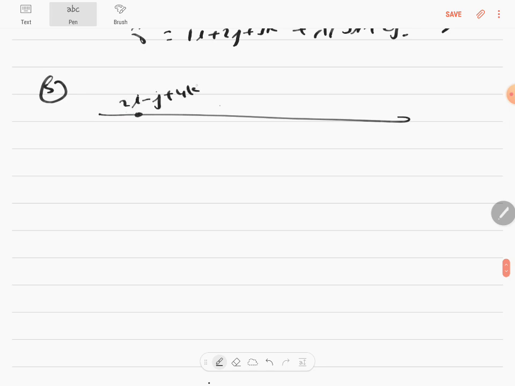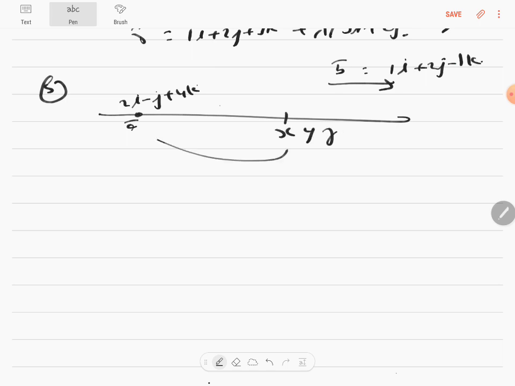The fifth question. Find the equation of the line in vector and in Cartesian form. The line is passing through the point 2i minus j plus 4k, which is your a vector, and the direction vector b vector is 1i plus 2j minus 1k. So let's consider an arbitrary point x, y, z.